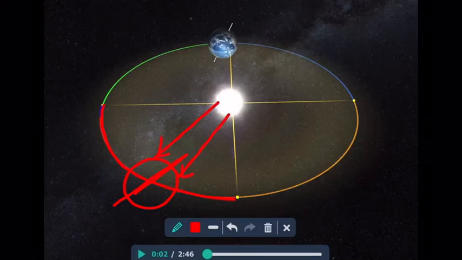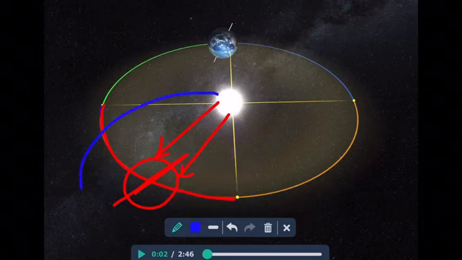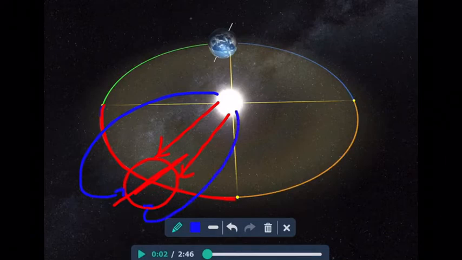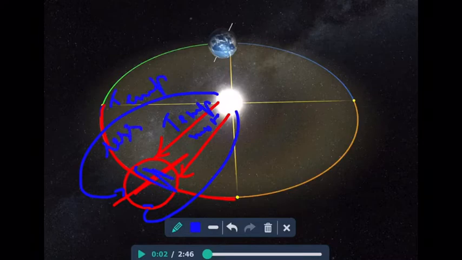And here in southern hemisphere, the sun's rays are falling in a slanting manner, in an oblique manner. So what happens here? The temperature is more. Here the temperature is less. So northern hemisphere is going to have hot summer and southern hemisphere will have winter.